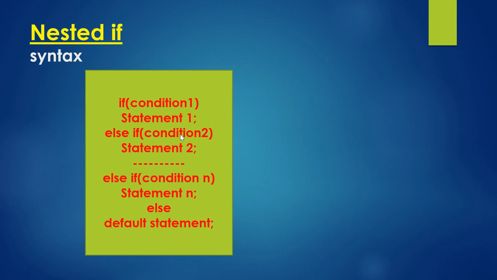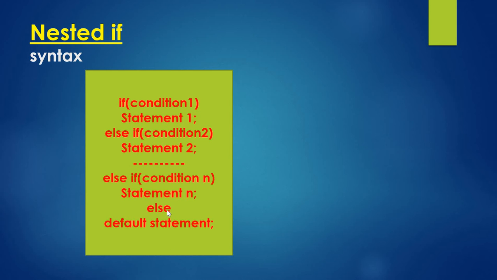See, else if condition 2. If condition 1 is false, then condition 2 will be checked. If that condition 2 is true, then statement 2 is to be executed. Then if condition 2 is false, condition 3 will be checked. Like that it will continue.